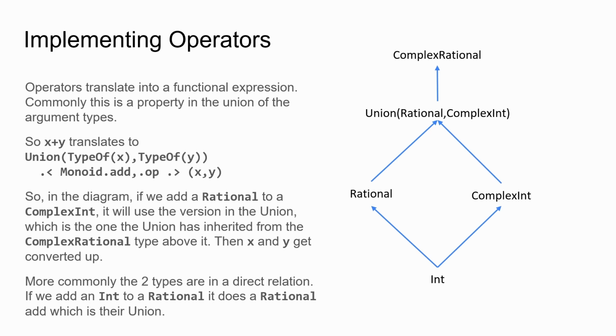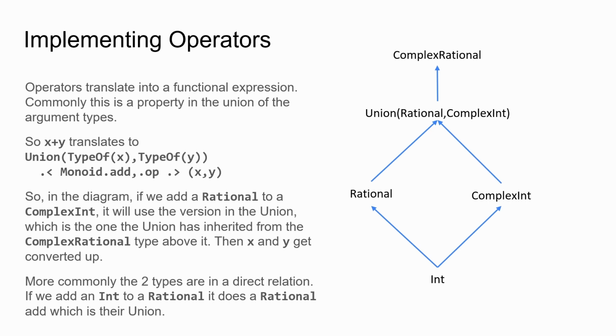So what we do is we translate, suppose we're adding a rational and a complex integer. How can we do that? The obvious thing to do is to do it in the complex rational space. And what we actually do is we do it in the union, which will move it up necessarily. So we get the union of the type of X and the type of Y, and we pick out the monoid.add operation, and we apply it to X and Y. Now, since we've zoomed up to complex rational, because union doesn't have any properties except those it gets from above, and what's above is complex rational.